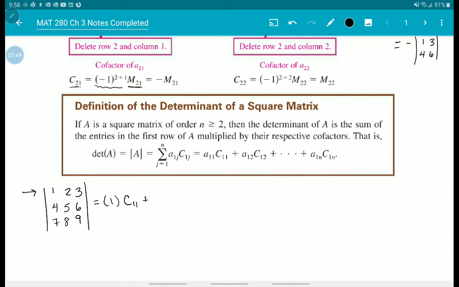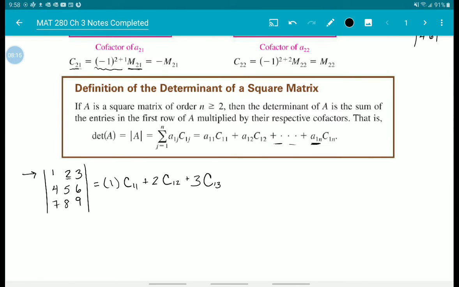And then it's going to be 2 times the cofactor that corresponds to the first row, second column, plus 3. So this keeps going, right? Now we're here, times the cofactor in the first row, third column. So that's what the definition is saying.